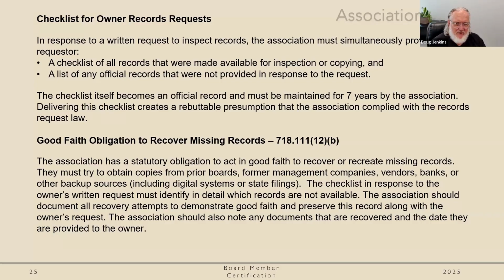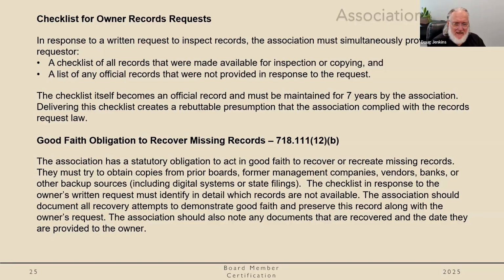Recent statute changes require that you provide a checklist with those documents that you provide the owner or their representative. That checklist must indicate all of the records you're making available related to that request and list any of the records you're not providing that were requested in the request by the owner or their representative.